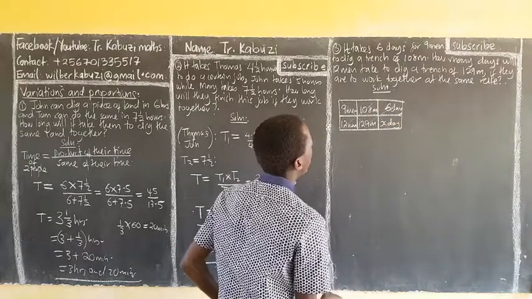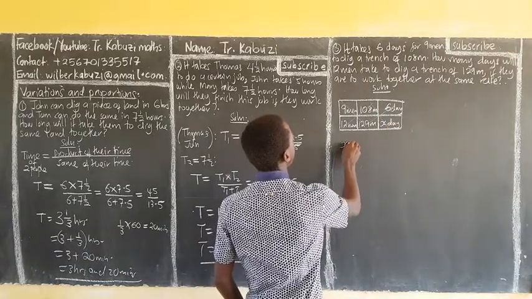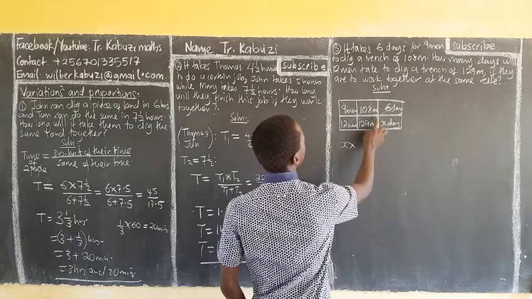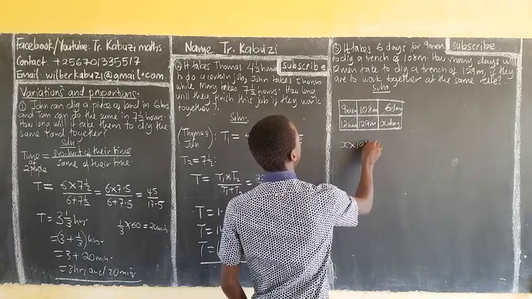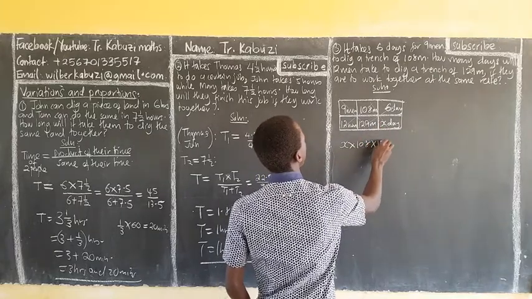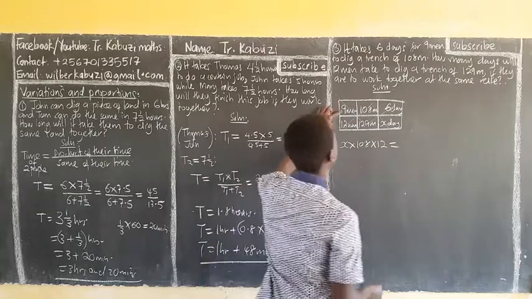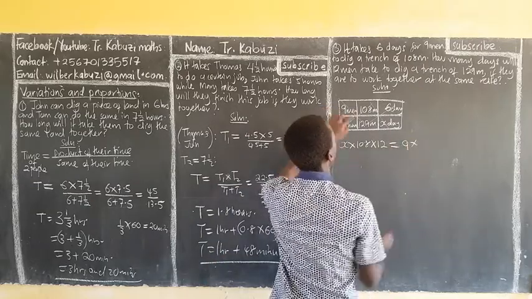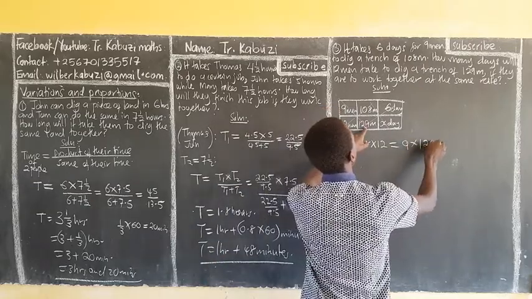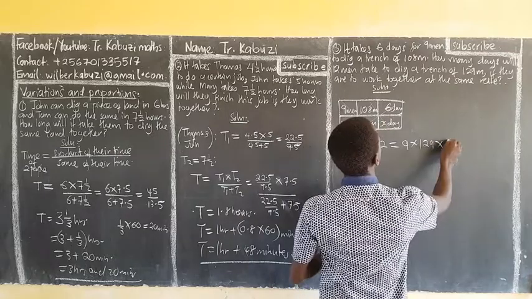So what you do, you get x times 108 times 12 equaling 9 times 129 times 6.